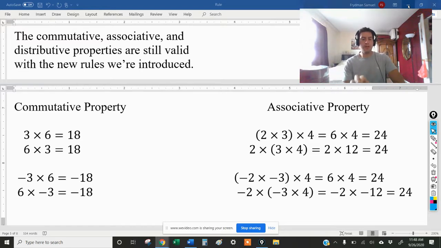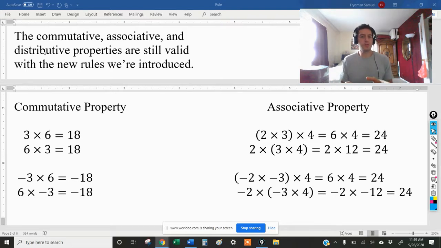because these rules for negative numbers maintain the validity of the properties that you already know about. So what am I talking about here? The commutative property, the associative property, and the distributive property. Hopefully you learned about those already, and if not, I'll talk about them in this video.